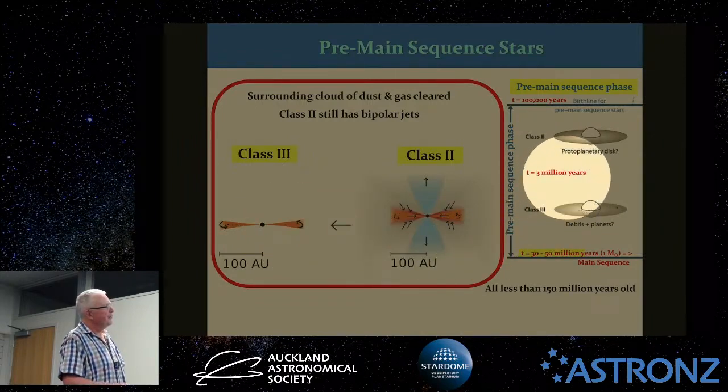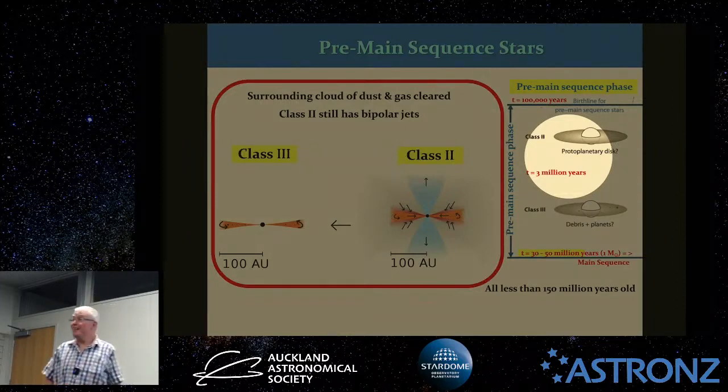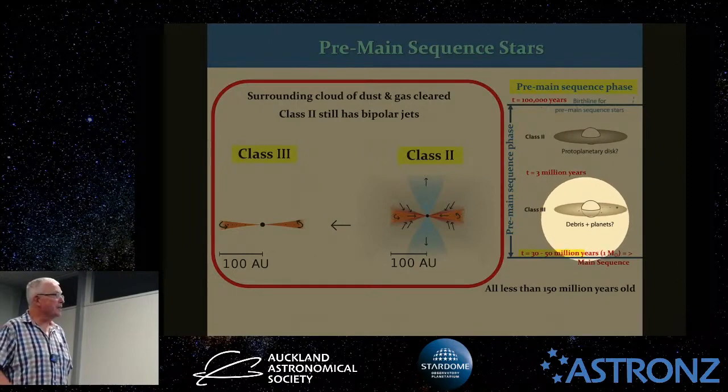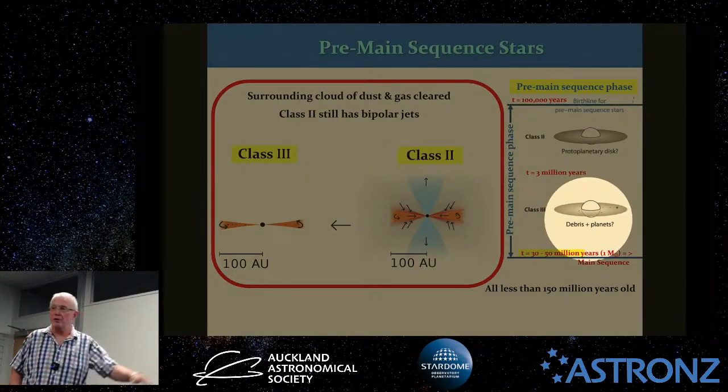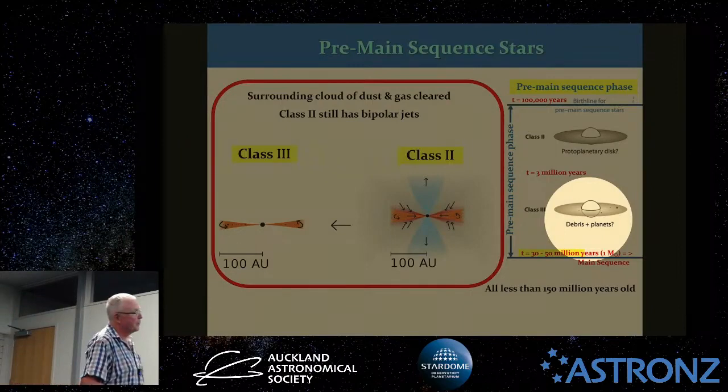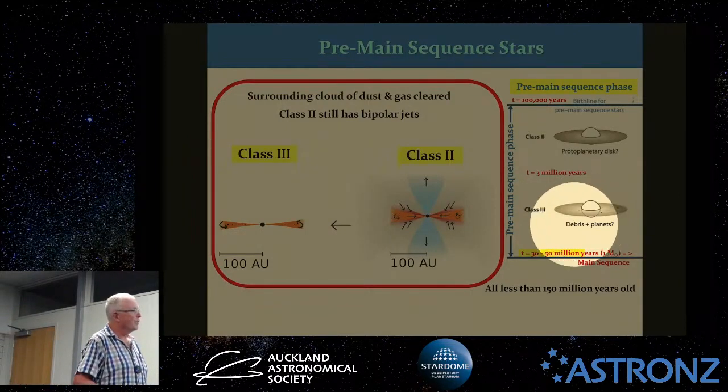Time-wise, this stage here, your class 2, our sun probably took about 3 million years to get to. And class 3, when you're starting to get what you call your protoplanets, just as you've got protostars enshrouded with gas and cloud, you get protoplanets. The beginnings of planets are forming from that disk that's left over because it's no longer accreting onto the central core.